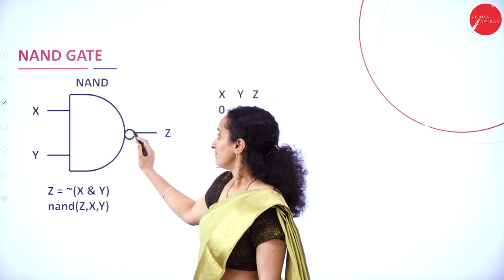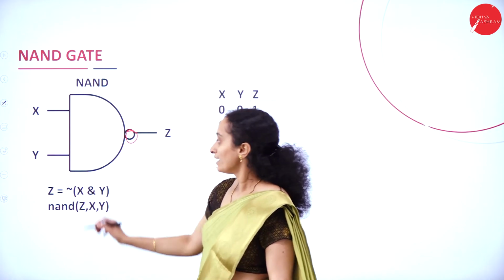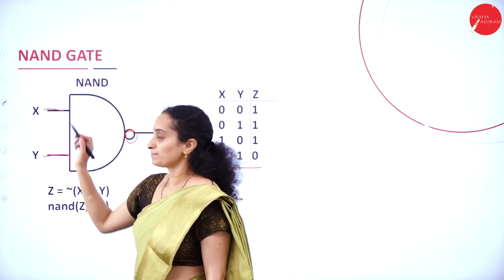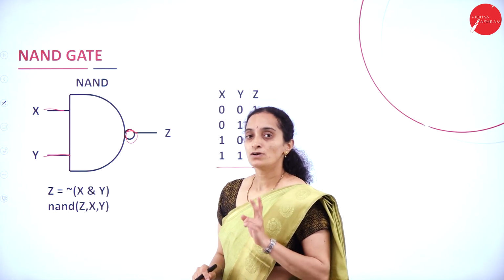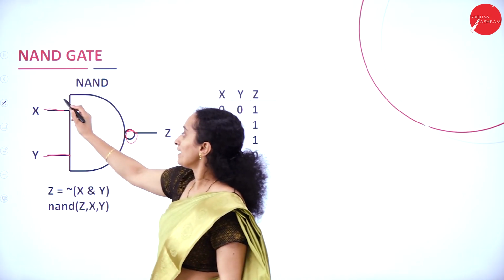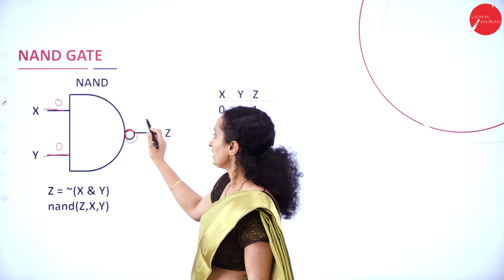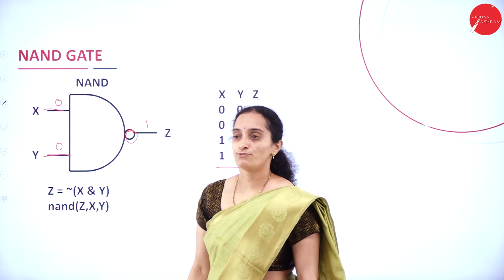The AND gate with a circle represents the NAND gate. Again, the NAND gate has 2 inputs and 1 output. If you take the values 0 and 0, it will produce 1.